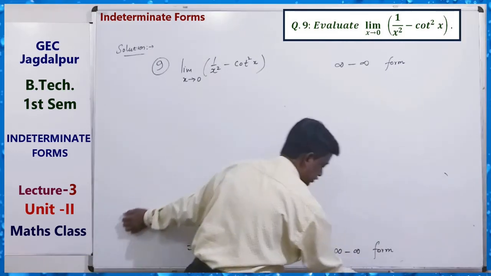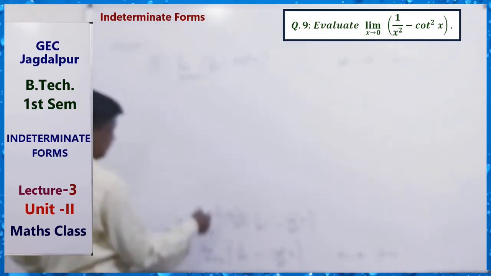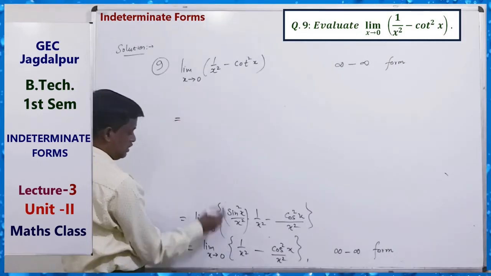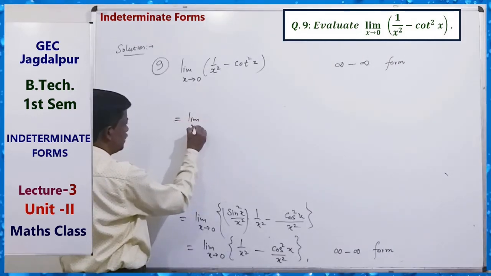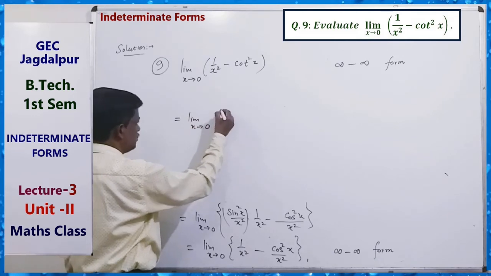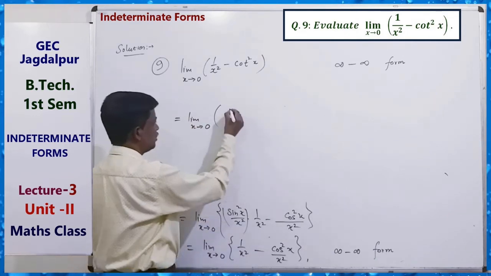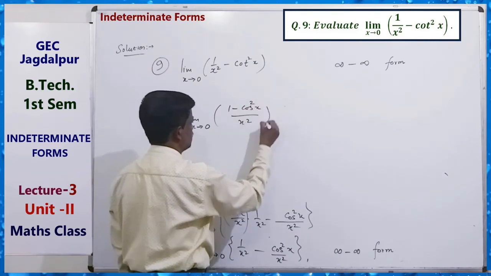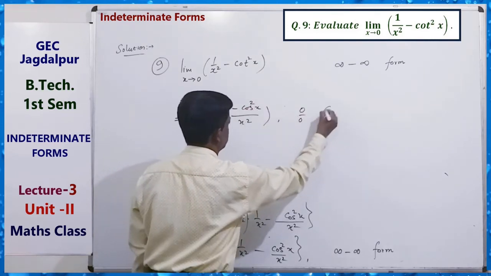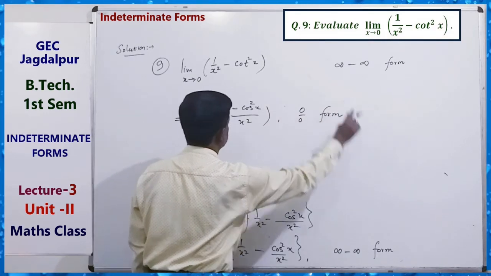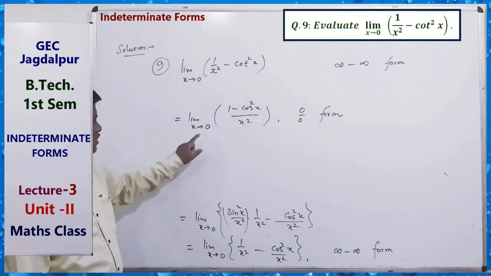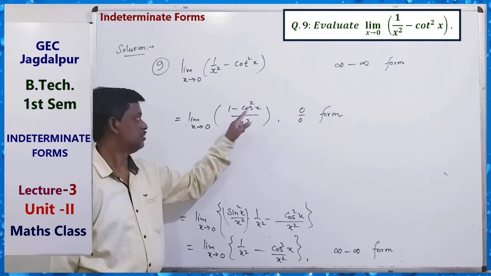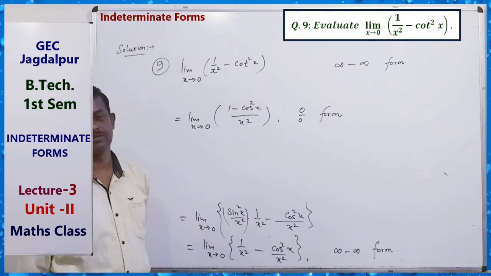Just see, after this line: limit x tending to 0 of x square times 1 minus cos square x upon x square. As x tends to 0, 1 minus 1 is 0, so it is 0 by 0 form.